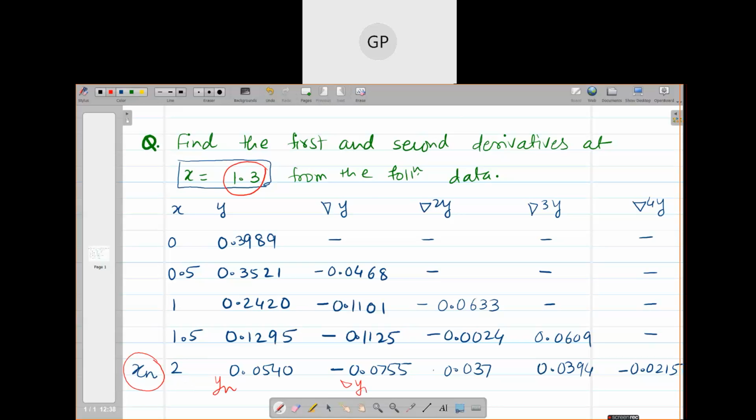This is my del yn, del square yn, del cube yn. So up to which order I have backward differences available? Fourth, right? So our formula will go up to fourth order. Is that okay?